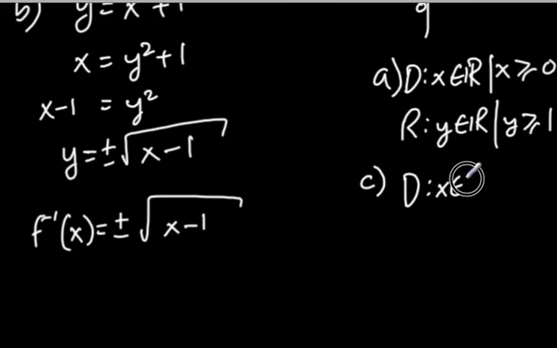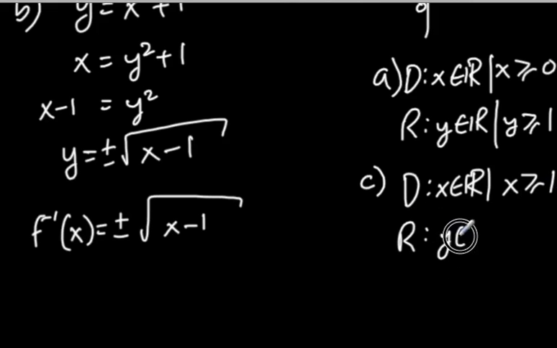So x is an element of reals, and x is greater than or equal to 1. The range is y is an element of reals, and y is greater than or equal to 0, because remember, the range of the inverse is basically the domain of the function. So let's see how this looks graphically, and then we'll just change this part.